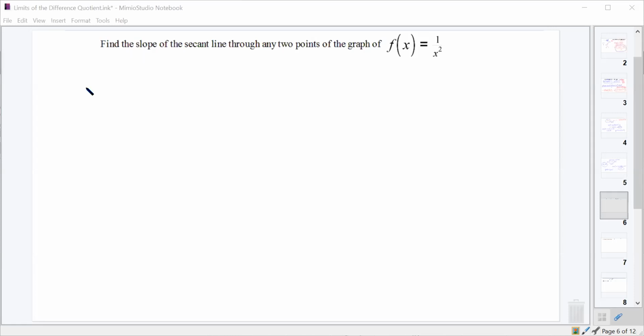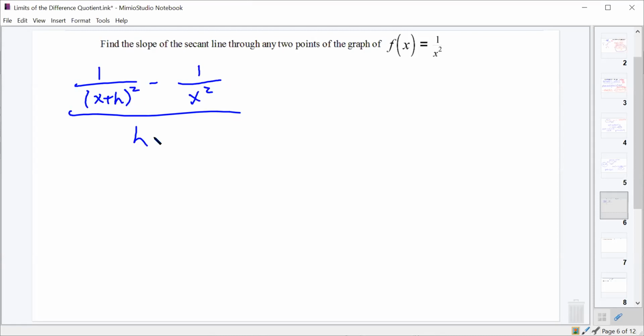So how'd you guys set this up? Hopefully 1 over what? x plus h squared. 1 over (x plus h) squared minus 1 over x squared, all over h. Everybody good with that? Yes.